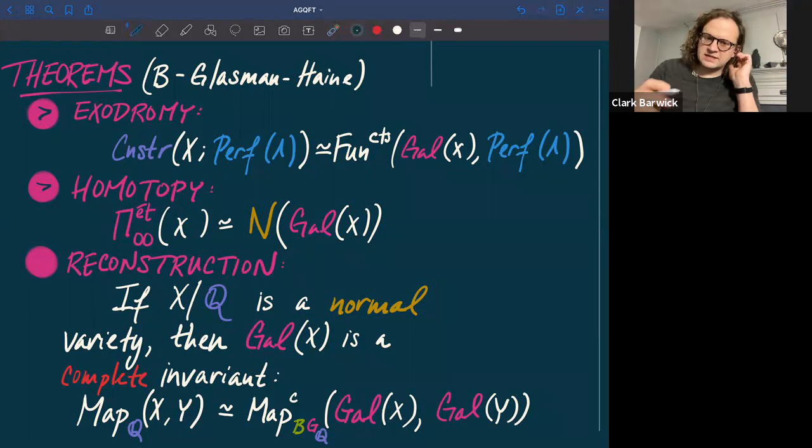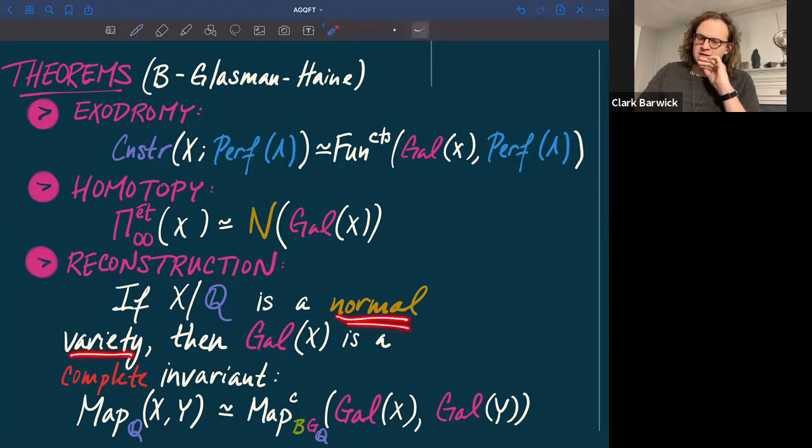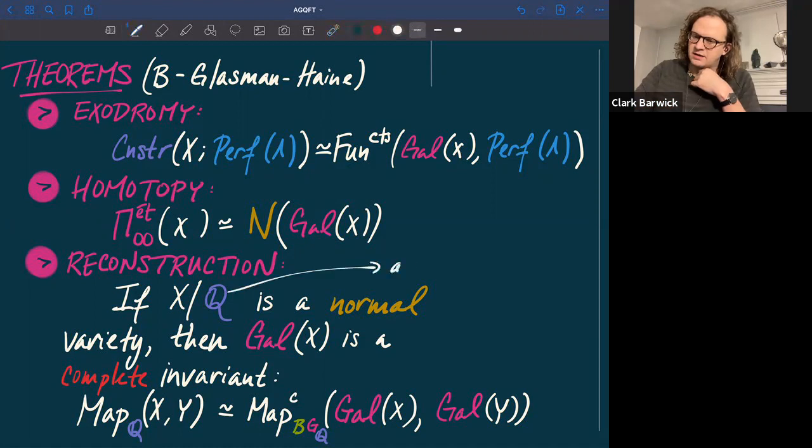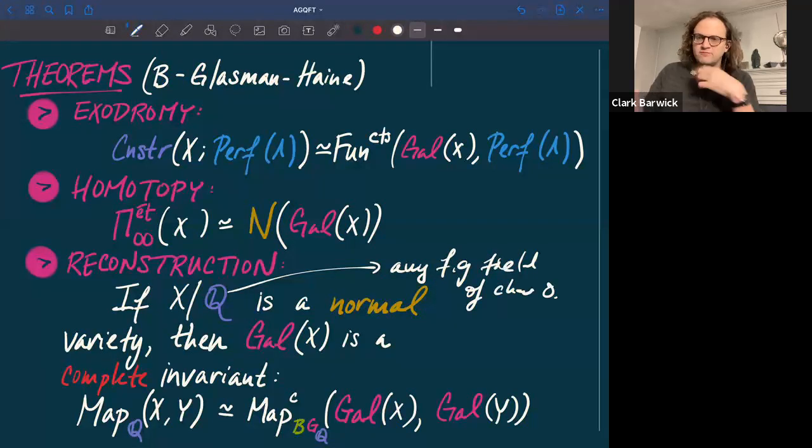And then third and lastly is the reconstruction theorem, which says the following: if I take a normal variety X over Q, I've said Q here, but I should really emphasize that any finitely generated field of characteristic 0 is good. Finitely generated over Q as a field.